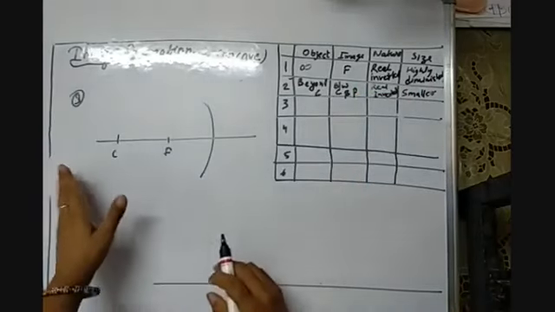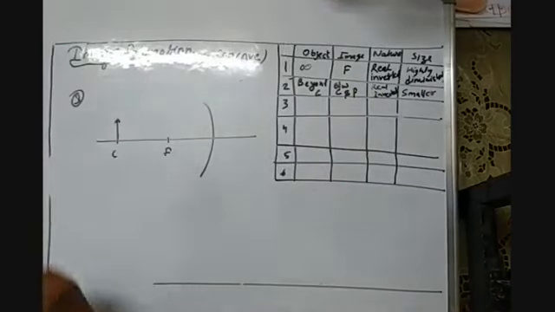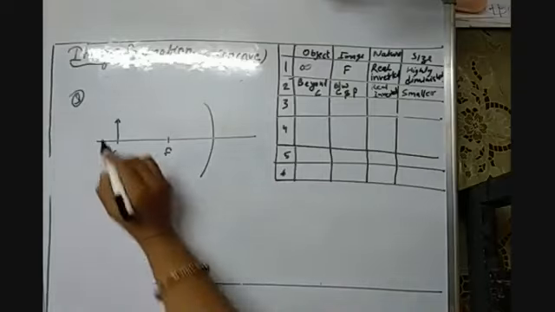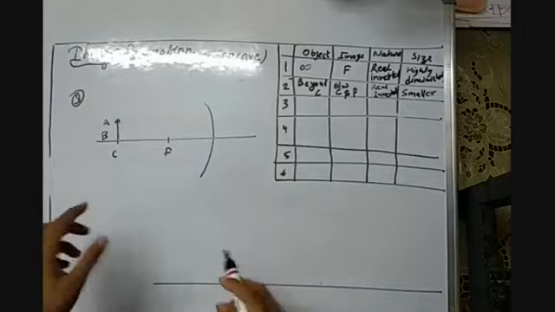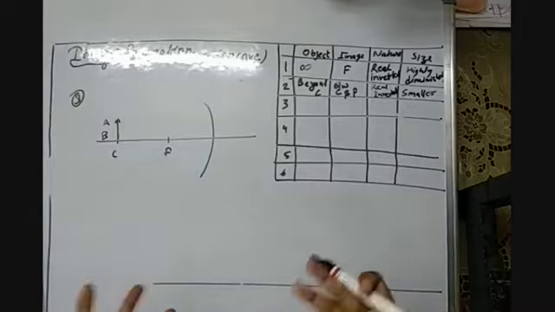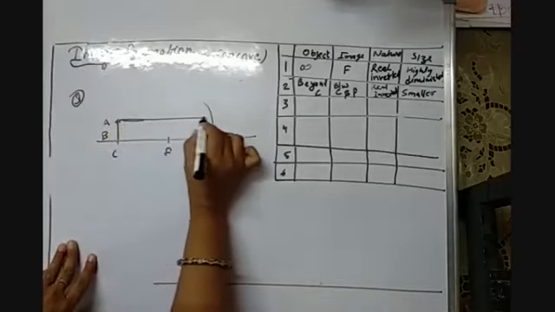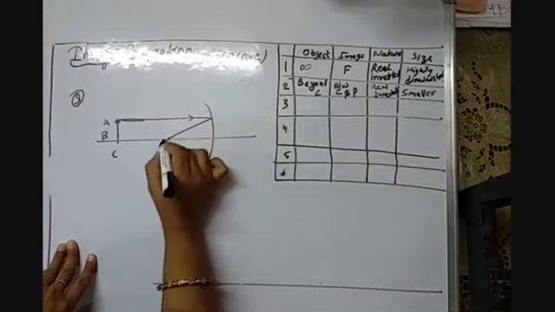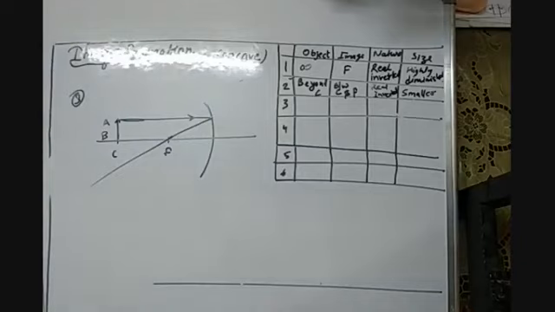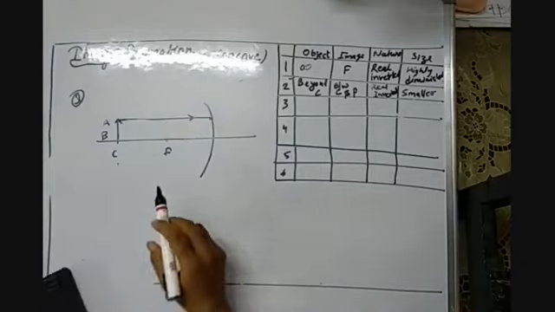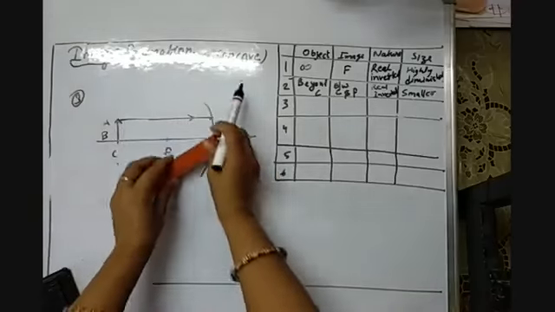Now let us move a little ahead and we place the object at C, that is the center of curvature. So we have placed our object at the center of curvature now. Let us again take two rules among the four. The first will be the same: incident light coming parallel to the principal axis will pass through the focus.